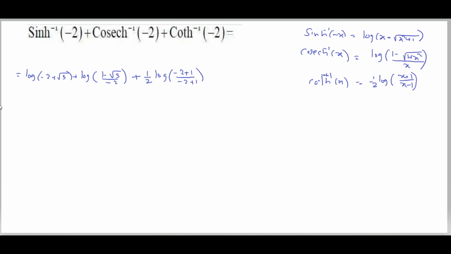So that is equal to log of, this is written as minus 2 plus root 5, that is root 5 minus 2, plus log of, take minus common from this, that is root 5 minus 1 by 2, plus half log of minus 2 plus 1, that is minus 1 by minus 2 minus 1, that is minus 2 minus 1, that is minus 1 by minus 3, that is 1 by 3.